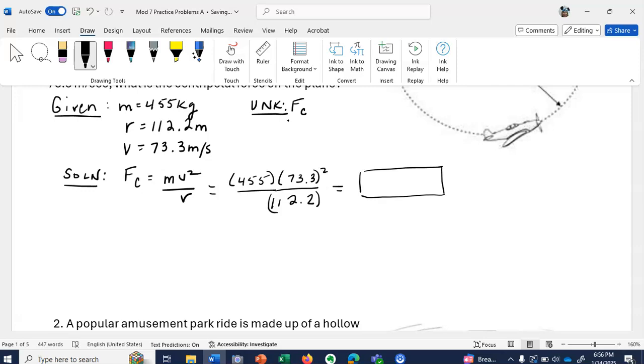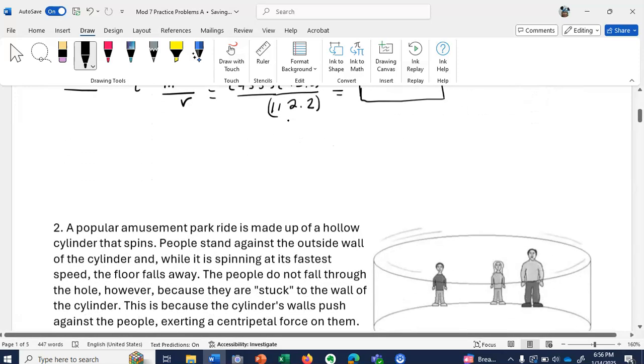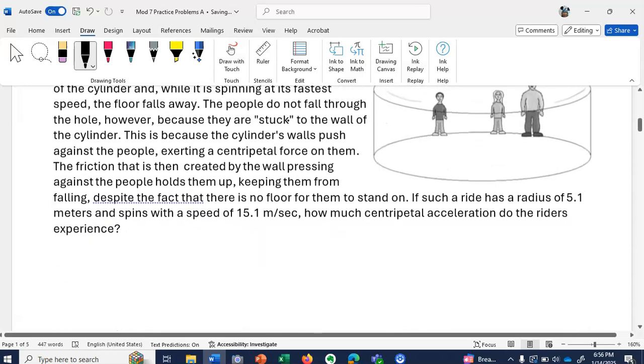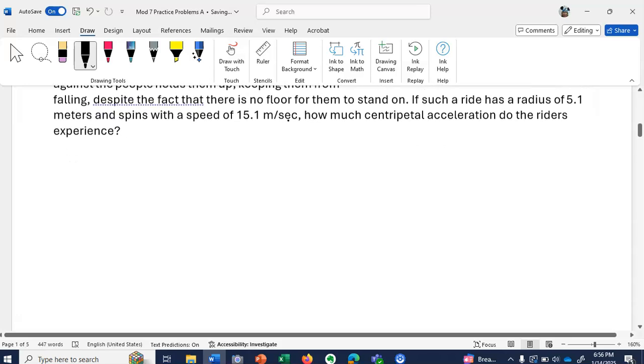When you turn it in, I'll check it. Multiply, divide. Next. This is a super long problem, but it's not long to do. So let's get down to the part where we're actually working the problem.